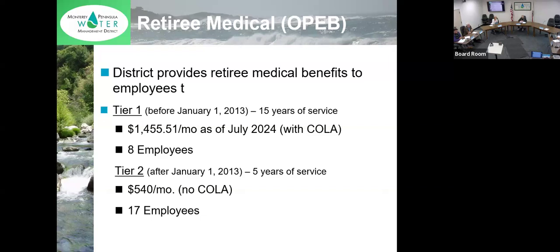And so the valuation report looks at this composition of tier one versus tier two and comes up with the liability. So we hire a third-party consultant called TrueComp or GovInvest. They're the same company. They provide the valuation report. The valuation report's required by the GASB 75 guideline.